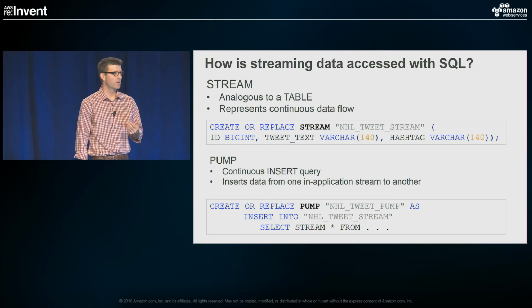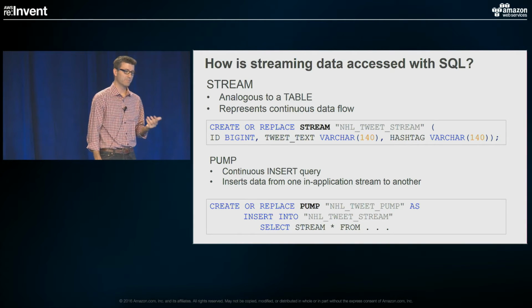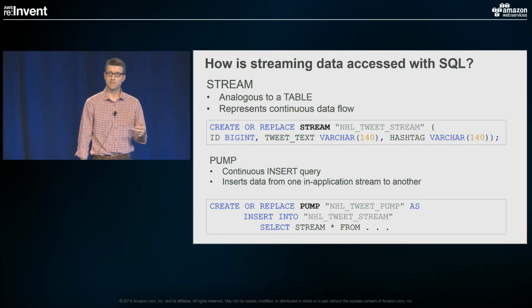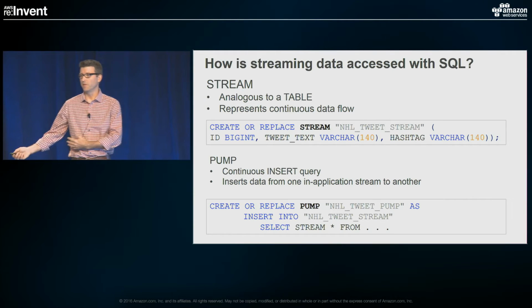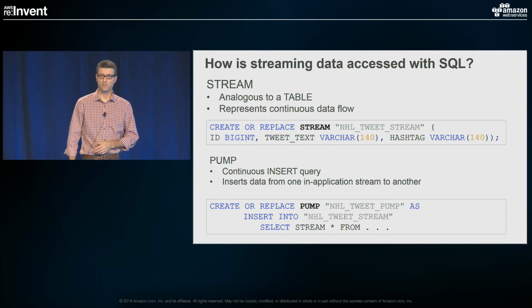It's essentially running a continuous insert query into your stream. So if you look at the bottom, create or replace pump, and then it has insert into. So your insert into statement here would be essentially running continuously to ensure that your stream always has a flow of data going through it.